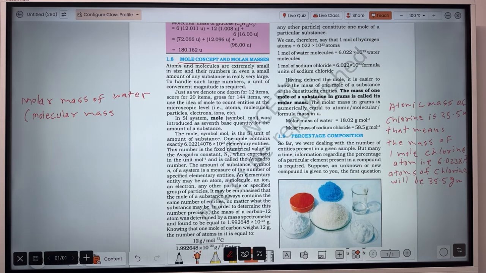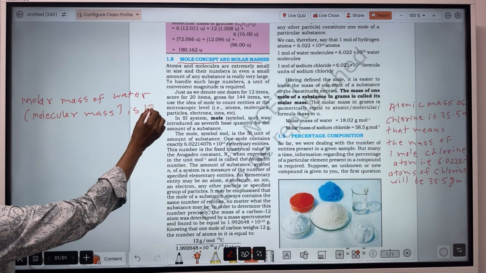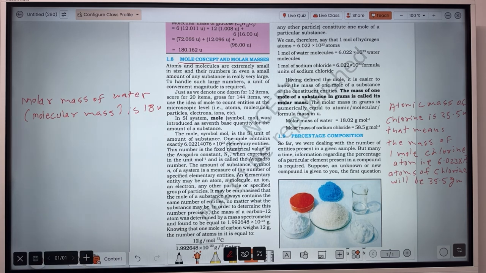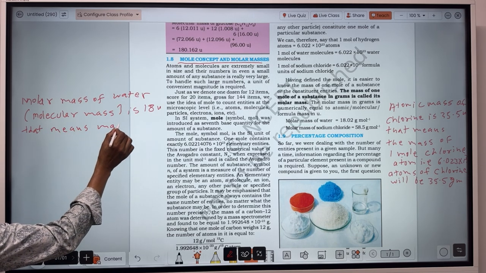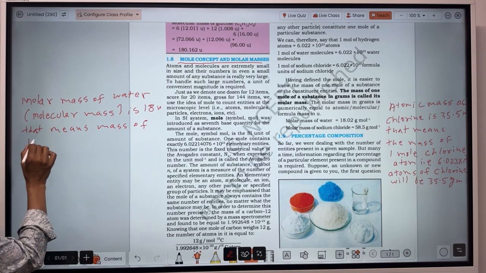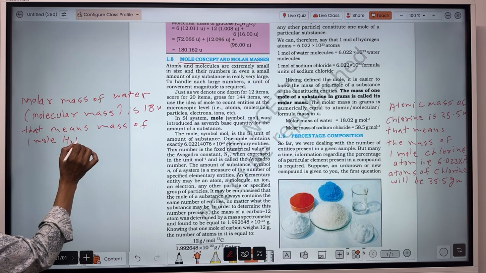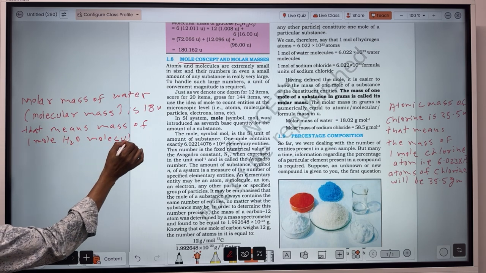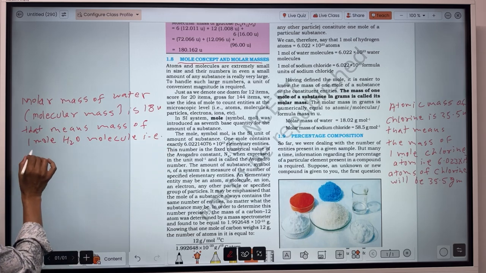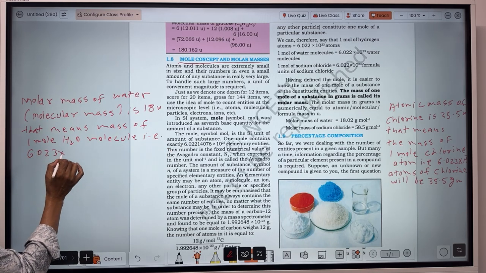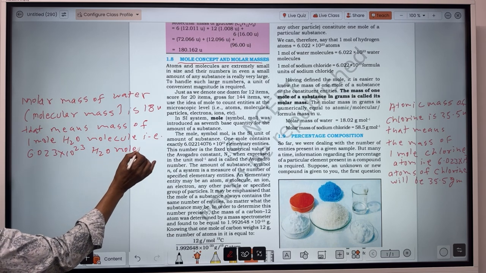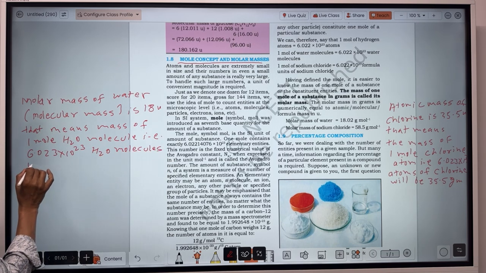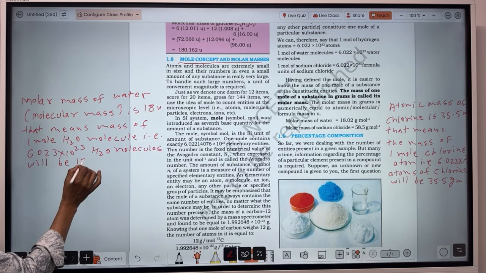Molar mass of water, that is molecular mass, is 18 U. That means the mass of 1 mole of water molecules, that is 6.023 into 10 power 23 water molecules, will be 18 gram.